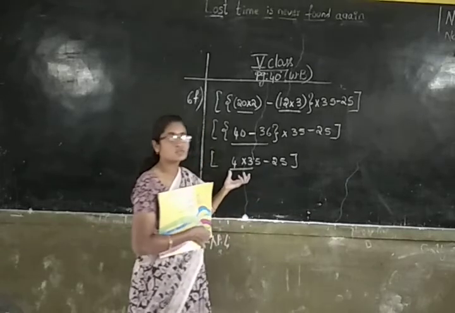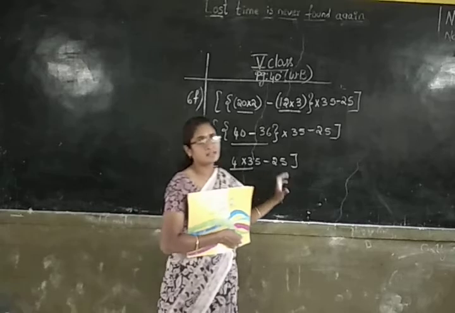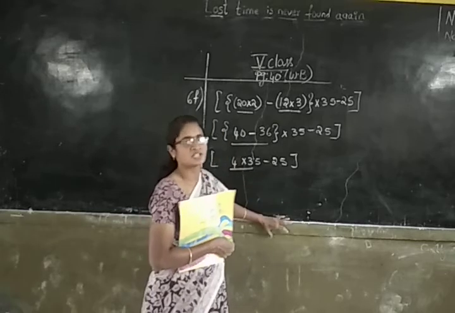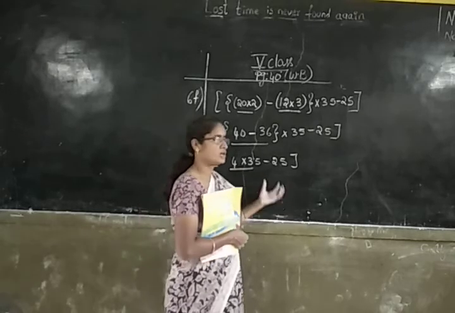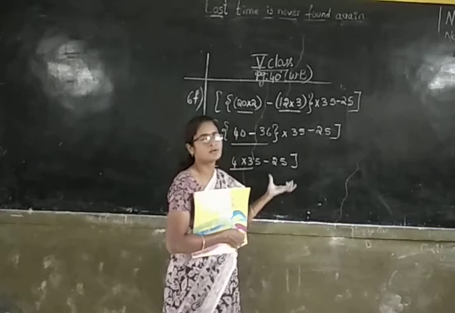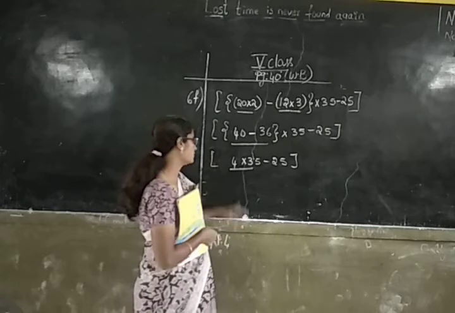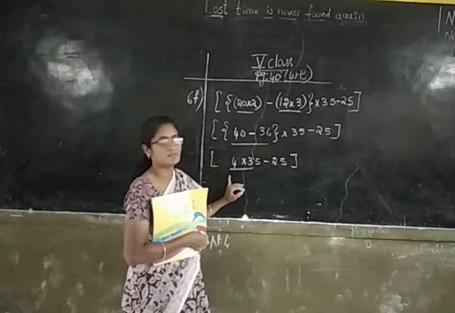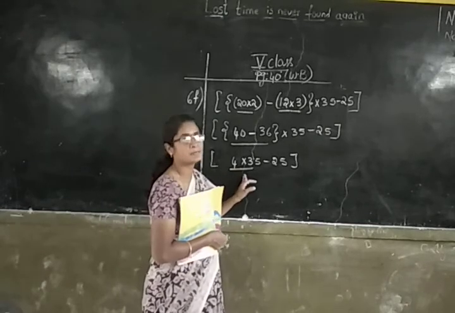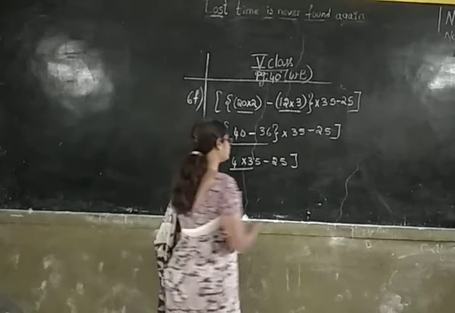So here first we have to do multiplication, and then only the subtraction. Did you understand children? Whether you solve the terms inside the round bracket, curly bracket or square bracket, you have to follow the BODMAS rule. Here there are no terms with division, so we have to do the multiplication first. Okay children?